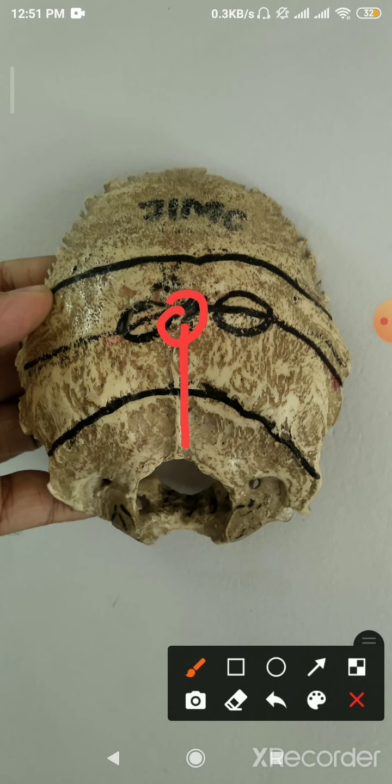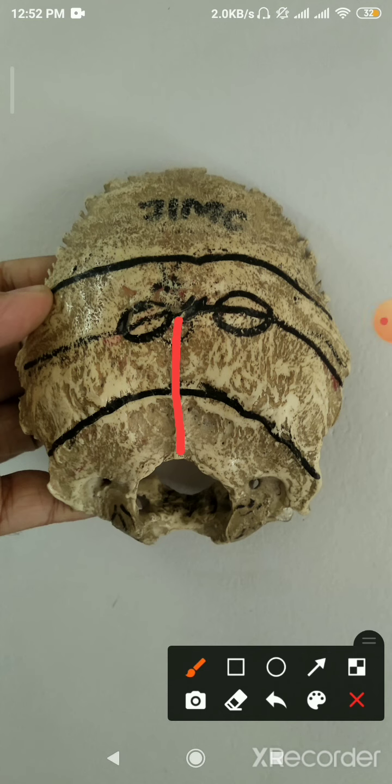This crest-like structure is known as the external occipital crest, and it provides attachment to a ligament known as the ligamentum nuchae.